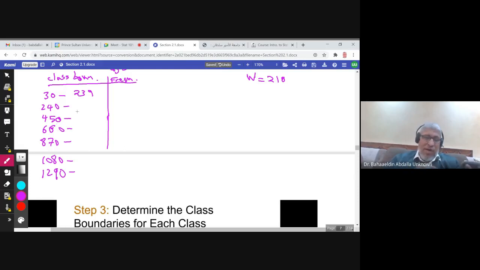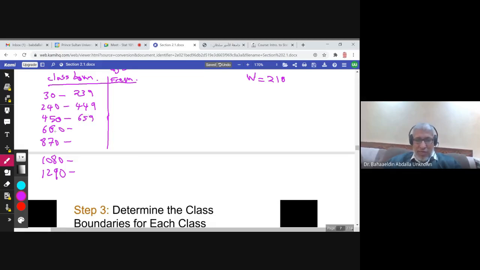If you add 210 to 239, you get 449. And you can continue adding 210. So you get 659.